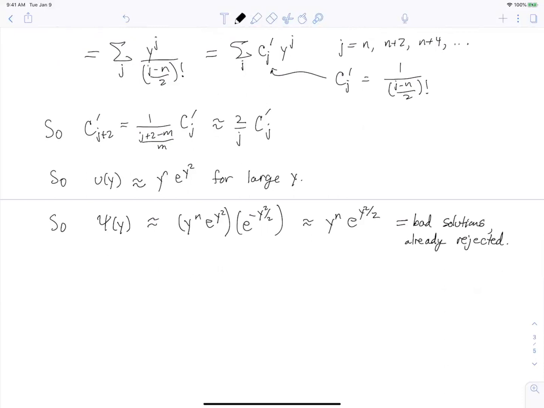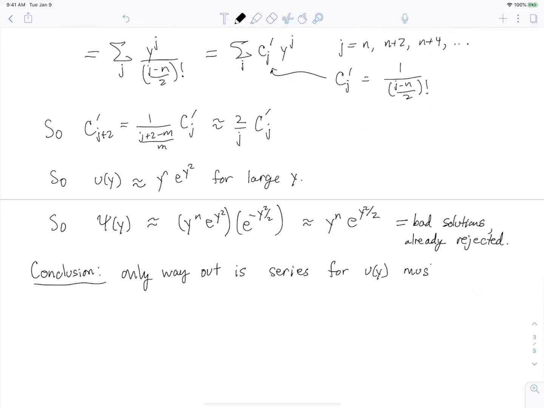Okay, so that's the conclusion. The only way out to get a real solution that makes physical sense is that the series that we found for u of y is not actually an infinite series, but it must terminate.